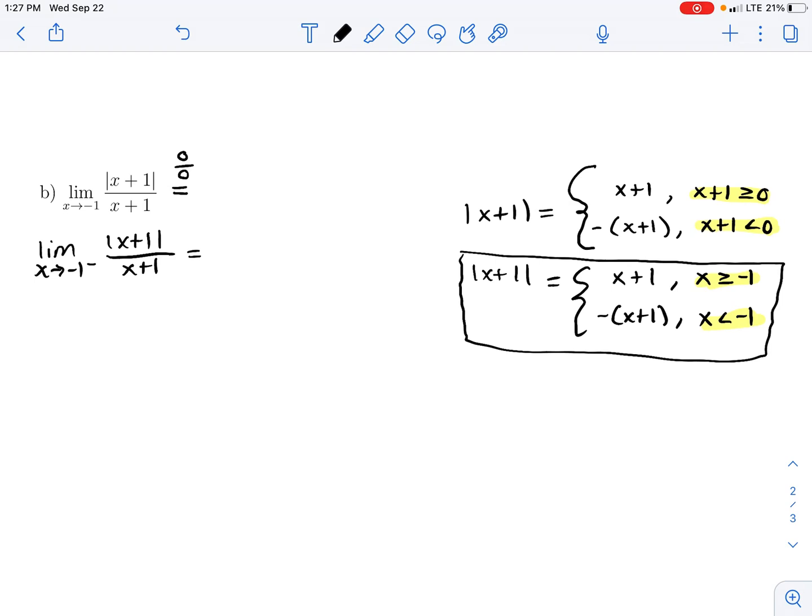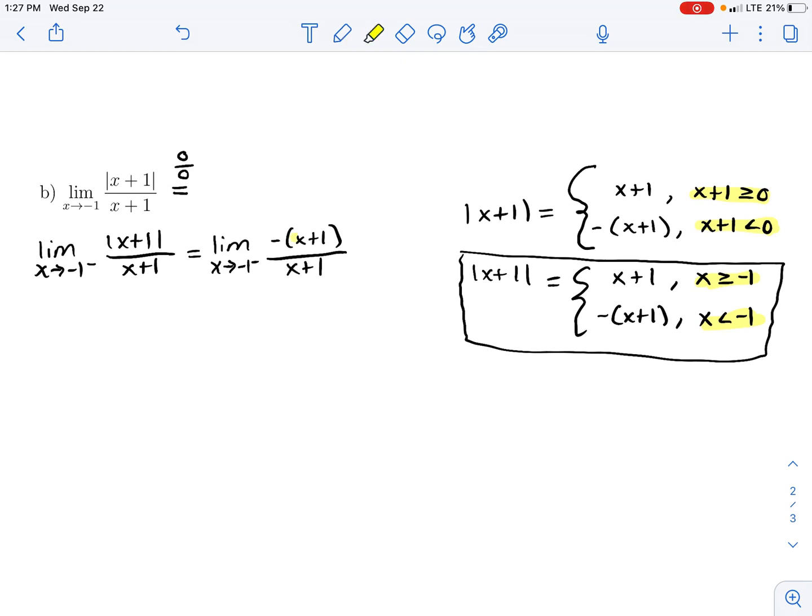And so hopefully you say that it's the bottom piece, right? That negative times x plus 1. So I'm going to substitute that in for the absolute value of x plus 1. So I have negative x plus 1 over x plus 1.